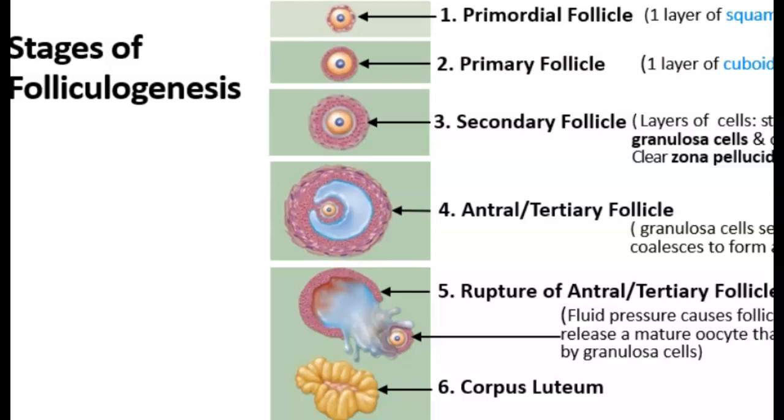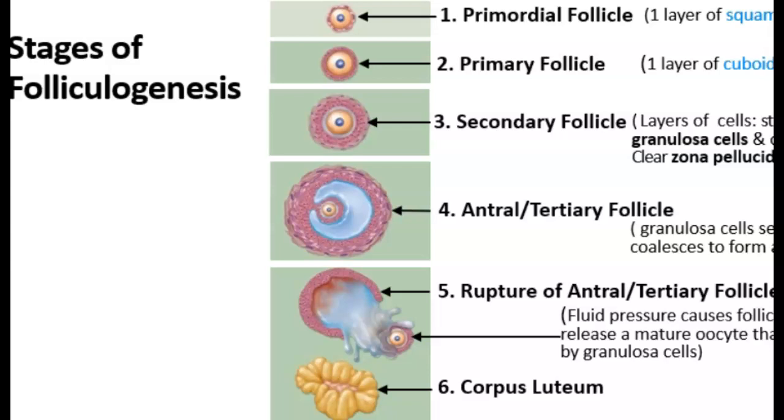The first follicles to develop in the fetus are called primordial follicles, and there's approximately 7 million primordial follicles, each containing a developing oocyte in the fetus. During fetal development, only 2 million survive all the way until the time of birth.